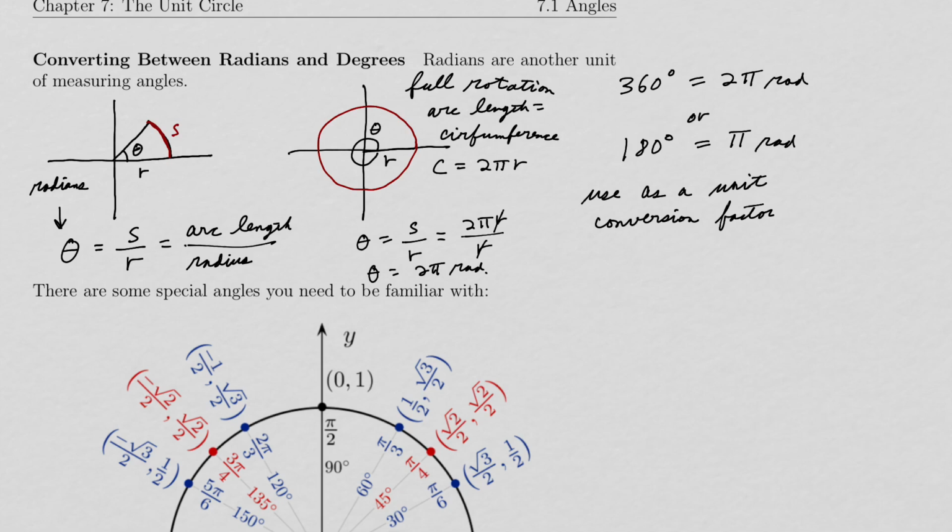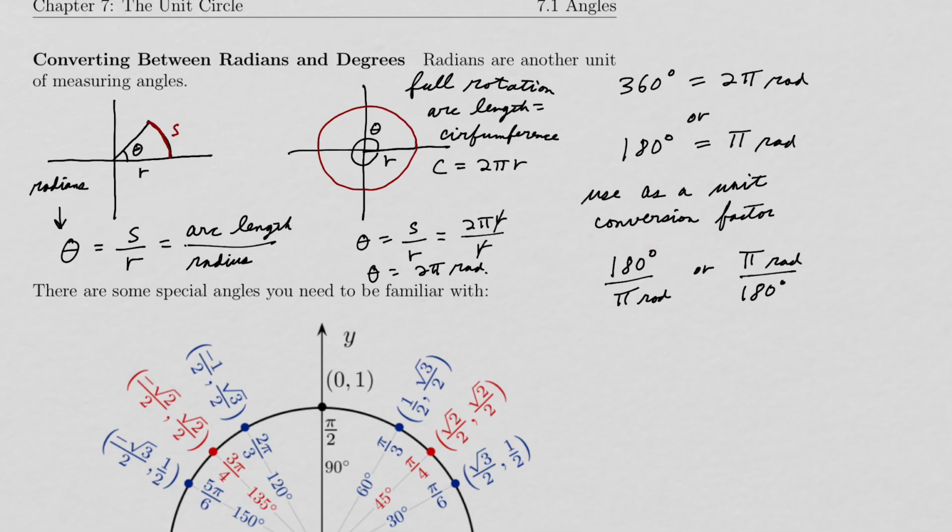So depending on whether I want to convert from degrees to radians or radians to degrees, I'm either going to multiply by 180 degrees over pi radians or pi radians over 180 degrees. Okay, if I want to go from radians to degrees, I would multiply by this unit conversion factor.